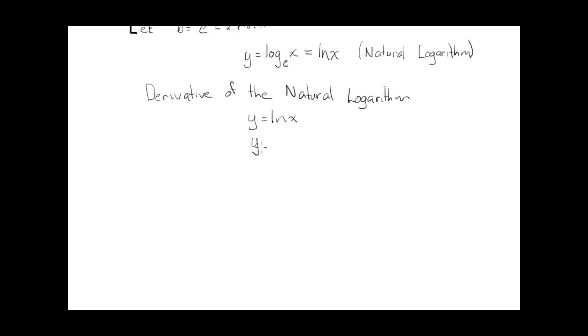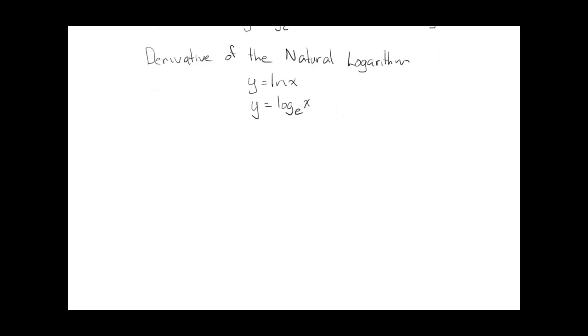Remember that's y equals log base e of x. The way we're going to come up with this derivative is we're going to write this in exponential form. If you remember how to convert from logarithmic form to exponential form, this would be e to the power of y equals x. So these two things say the same thing. This is just in exponential form.